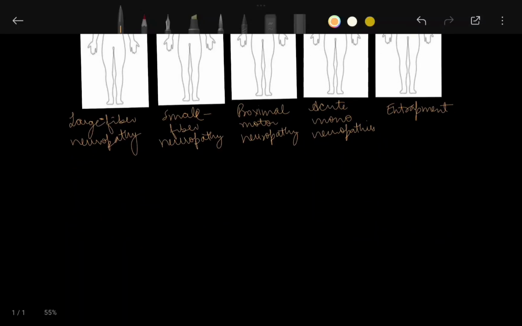Now let us see whether sensory loss is present. In large fiber neuropathy, there is sensory loss in fine touch, vibration, and proprioception. Just remember this.